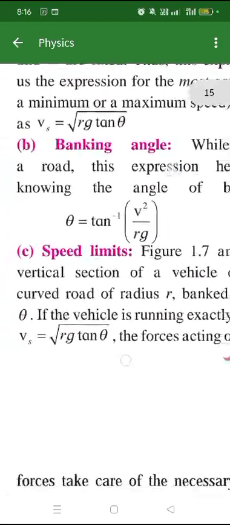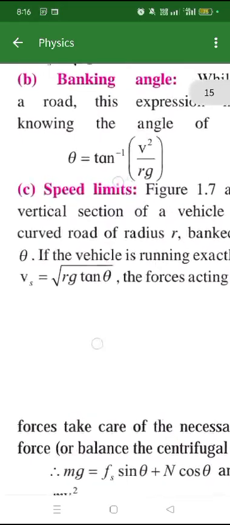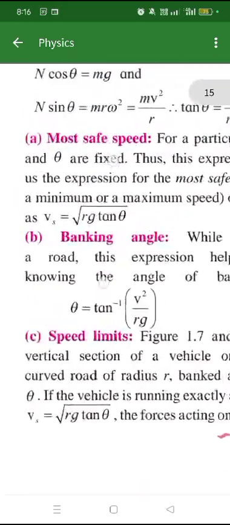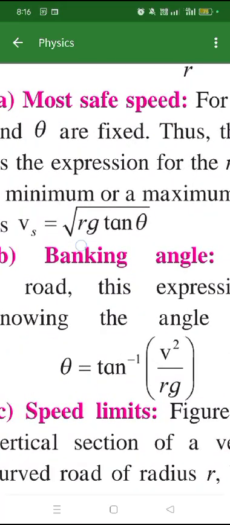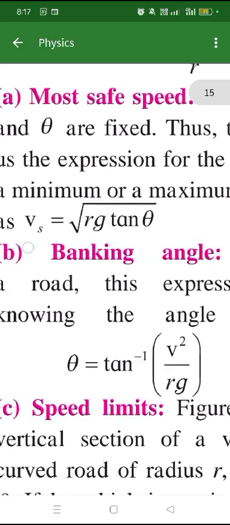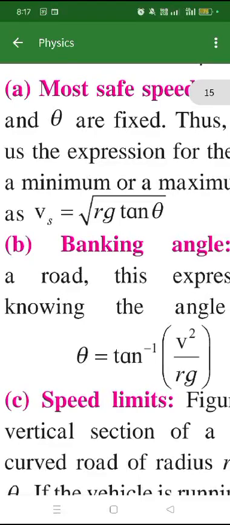Now for calculating the speed limit, let's say there are three components in this formula for safe speed on a banked road. One is the radius of curvature, and as you can see, v is directly related to the square root of r.